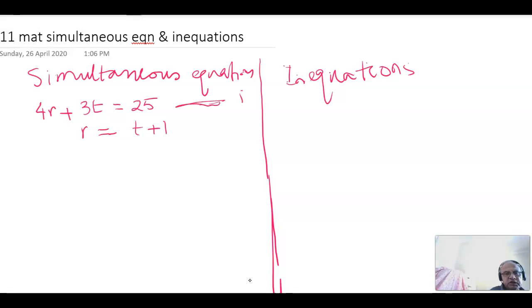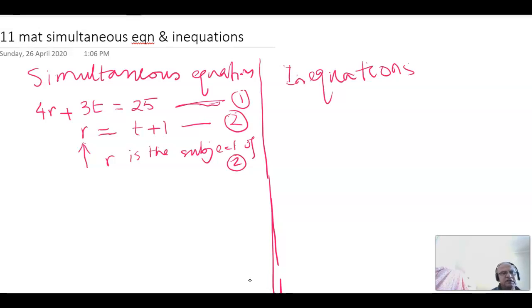That's equation number 1. That's equation number 2. Now, this one is all right. r is the subject of 2, so we don't have any problem with that.